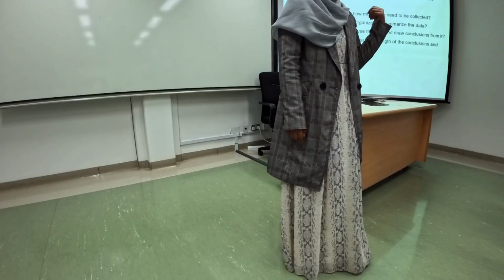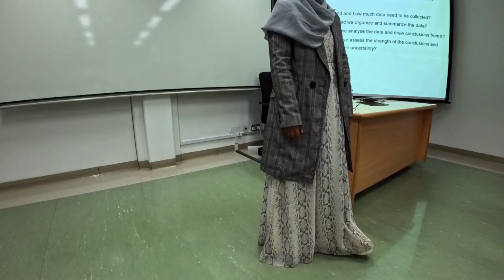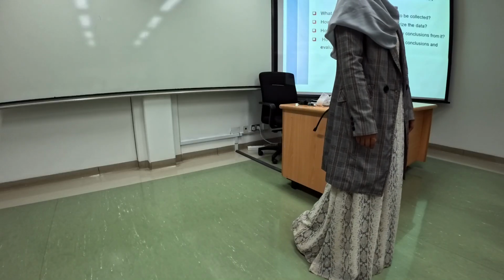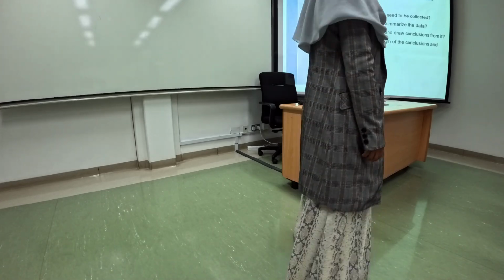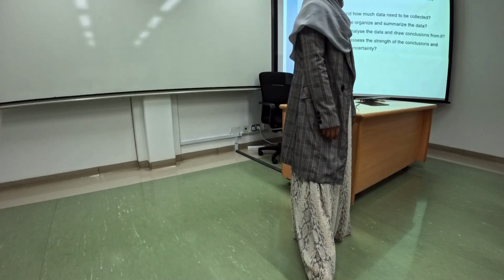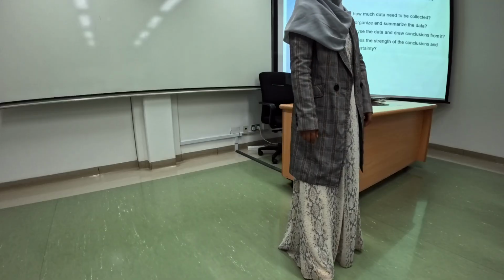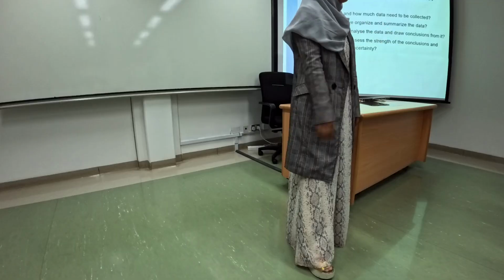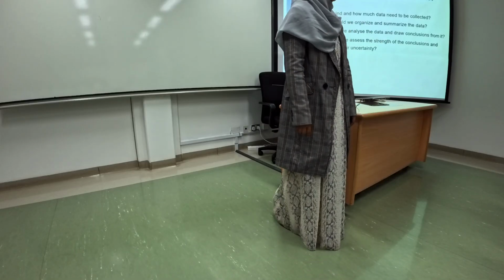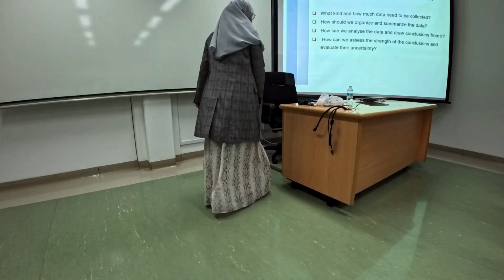In statistics, that doesn't work. You have to be sure. You have to get your certainty. How to get that certainty? Big question. You will ask me in the following lectures.